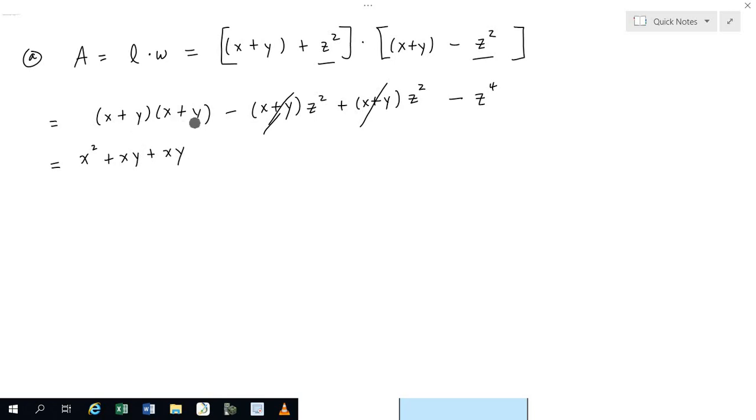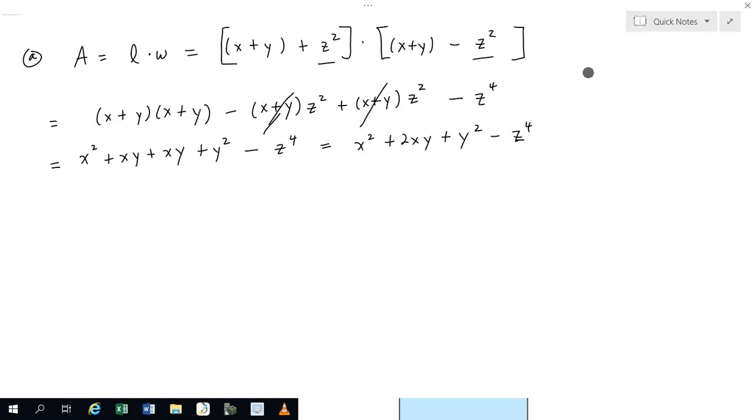Then the last would be y times y, y squared, and then minus z to the fourth. Notice here you can add these up because these are like terms, so that's really 2xy. So that's what you get when you multiply these two conjugates.